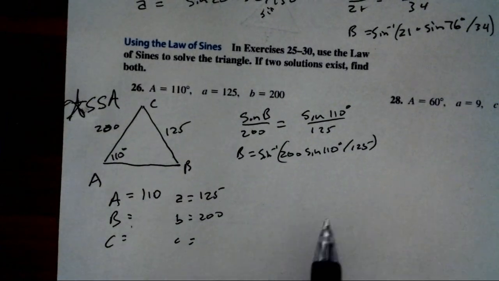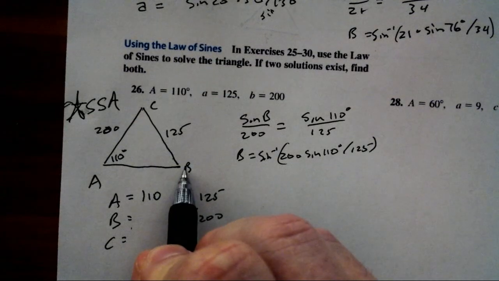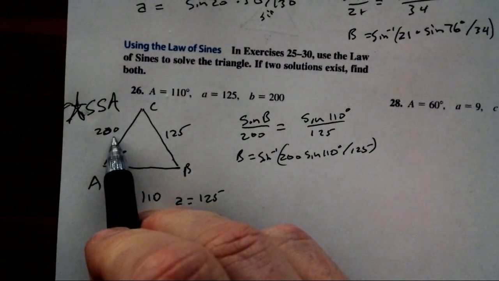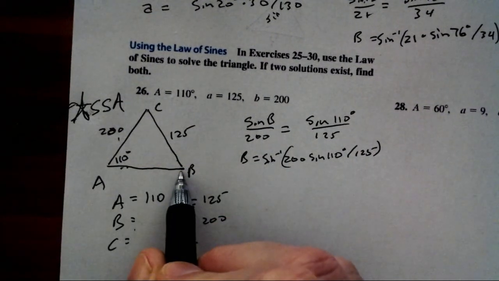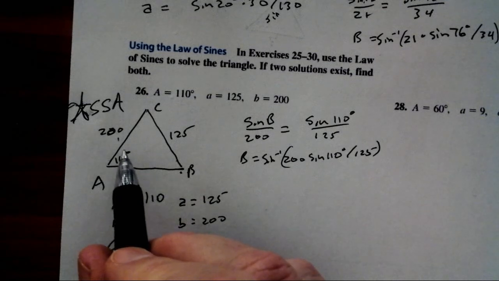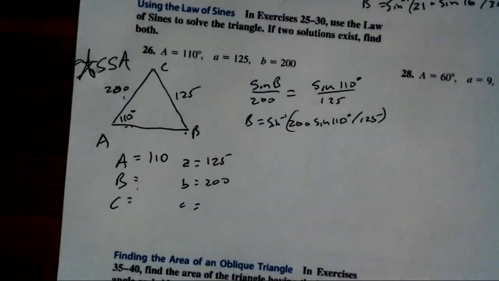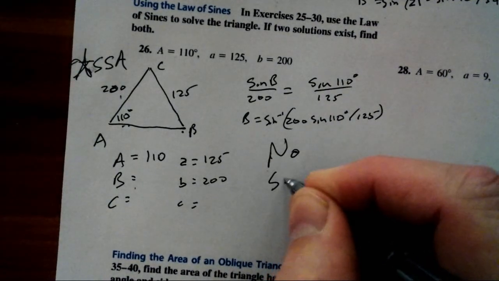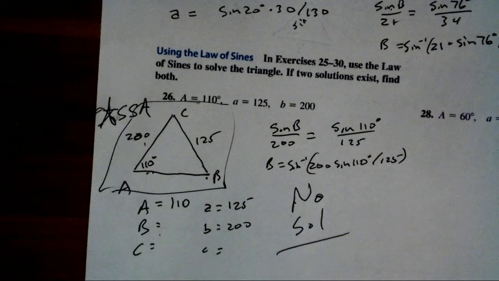You may want to come back and take a look at the triangle. Angle B is opposite a side bigger than angle A is, and angle A is already 110, meaning angle B would have to be more than 110, but it can't be. Angle B has to be less than 70 for those to add up to be 180. So no solution. Your calculator will tell you, but it would be nice maybe if we would have recognized that prior.